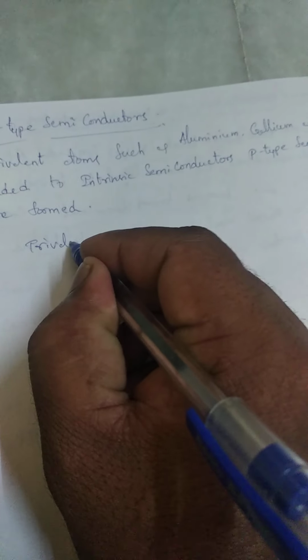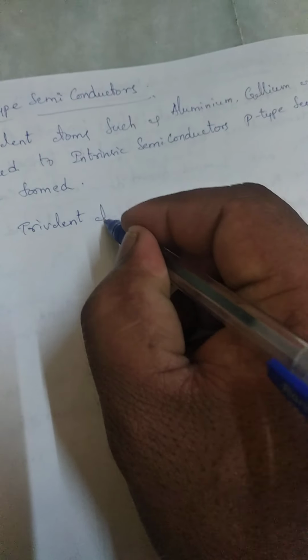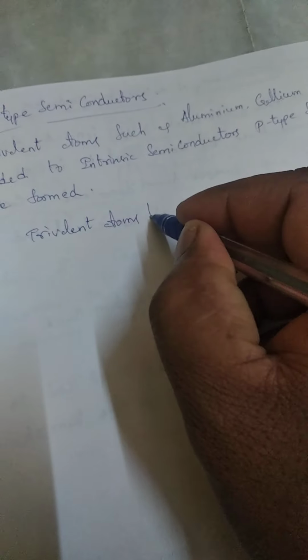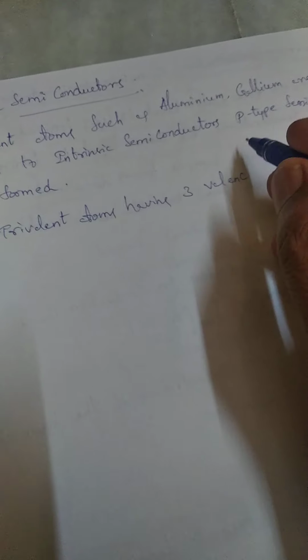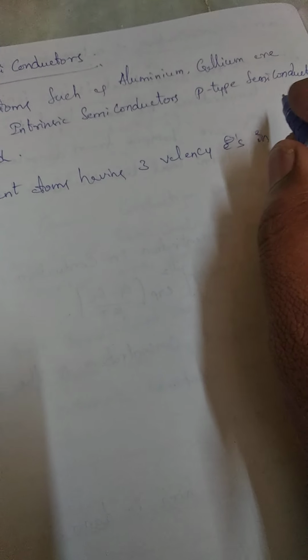Trivalent atoms have three valence electrons in the valence shell.